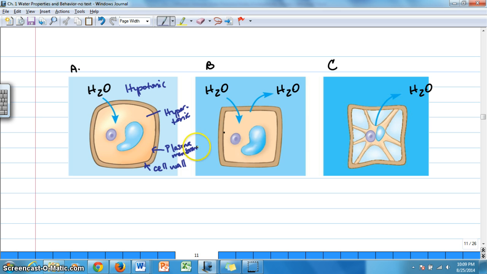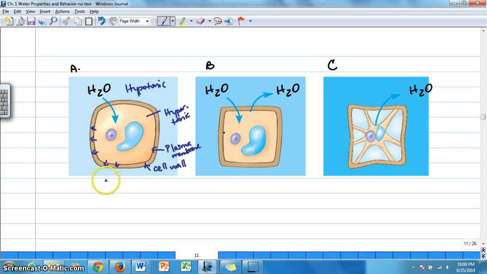Because of the rigid cell wall, the plasma membrane, even though it's going to be pushing out onto the cell wall, is limited in how far it can push out because of the rigidity of the cell wall.